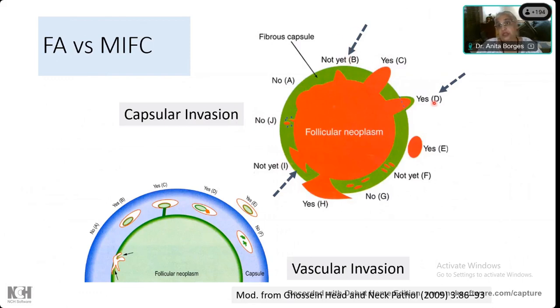Now let us come to D, okay? Now, why has he said yes, when you can see the capsule very clearly beyond it? Why he said yes is because slow-growing tumors can build a capsule after they have already penetrated the previous capsule.